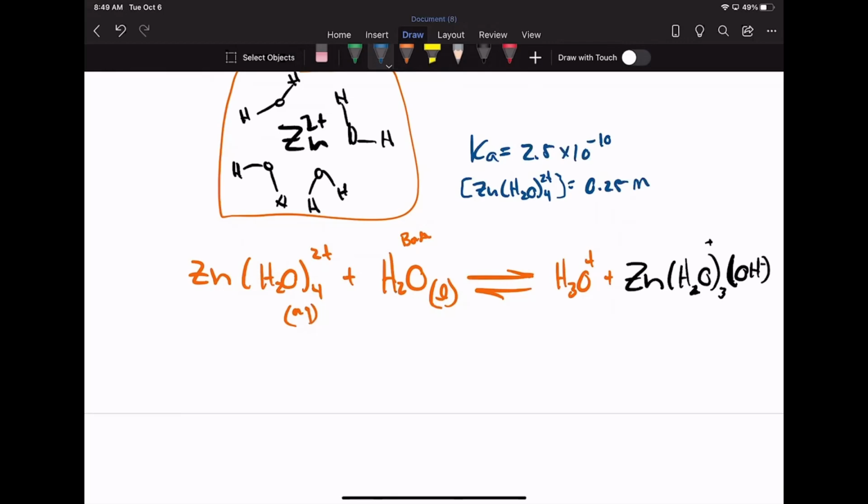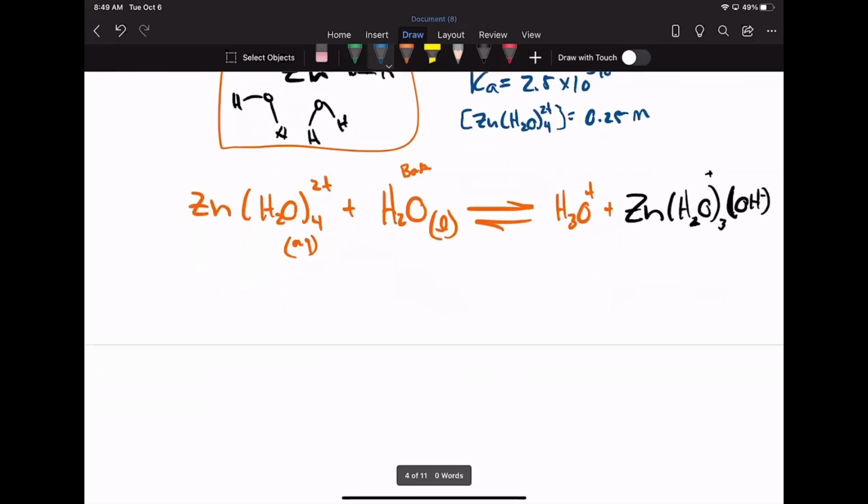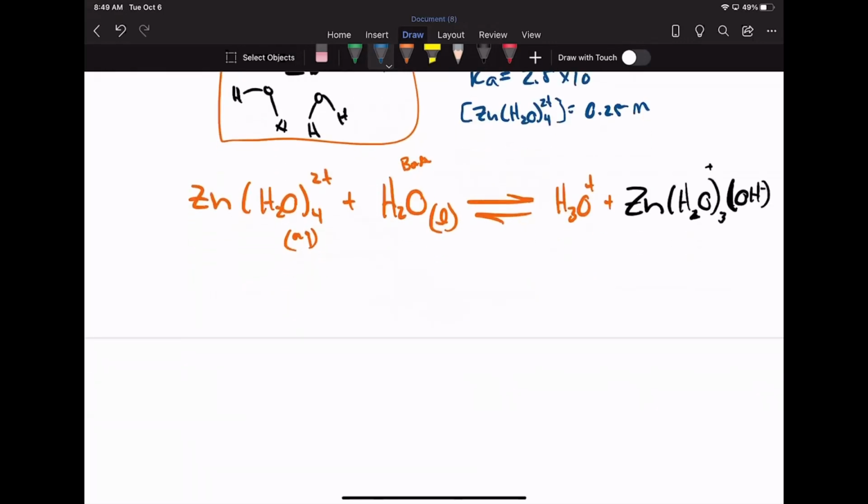The ice table doesn't change. We can still calculate pH. I can calculate Kb if I needed to. Nothing about this changes. We still do our ice table as we normally do. 0.25. I'm going to draw a line through water. This is going to be 0. This is going to be 0.